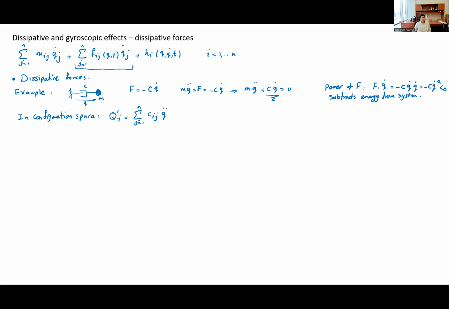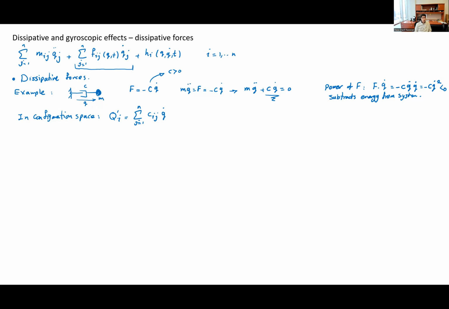and with a very special condition. Something I forgot to mention: this c is a constant positive number for the force to be dissipative, to reduce energy from the system.